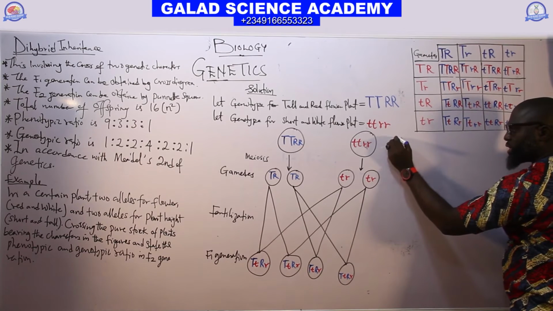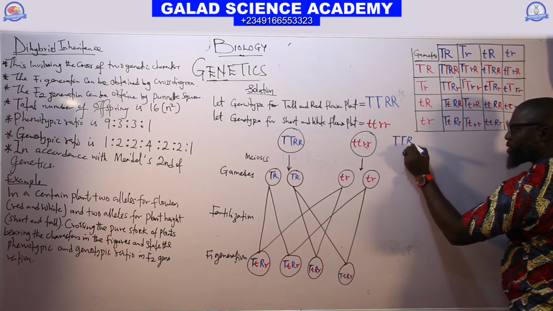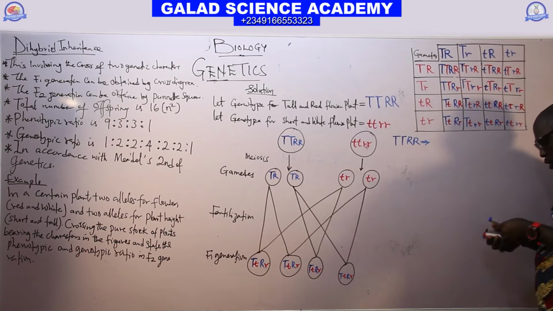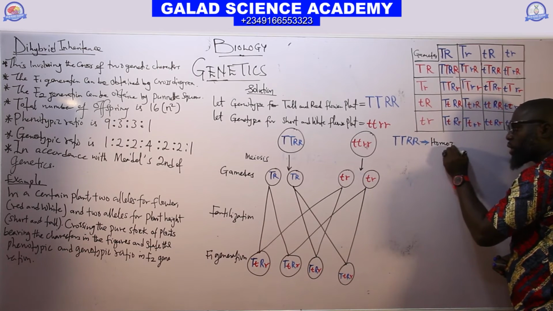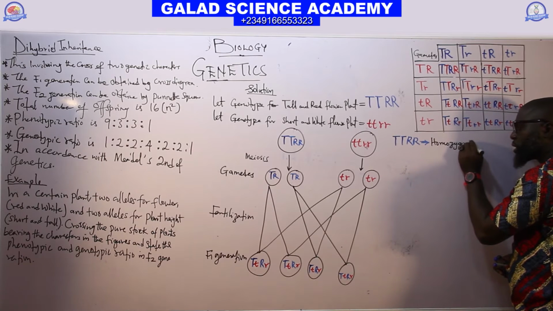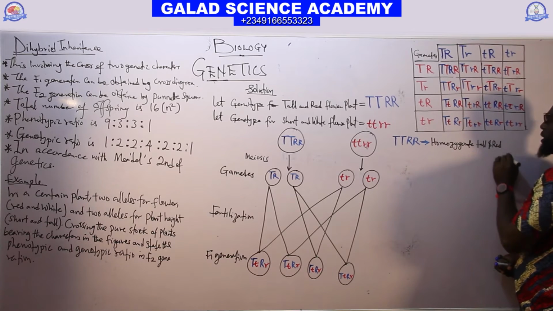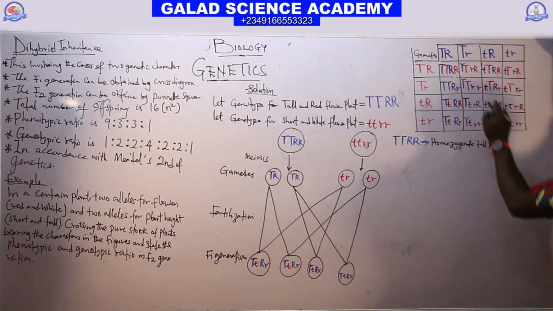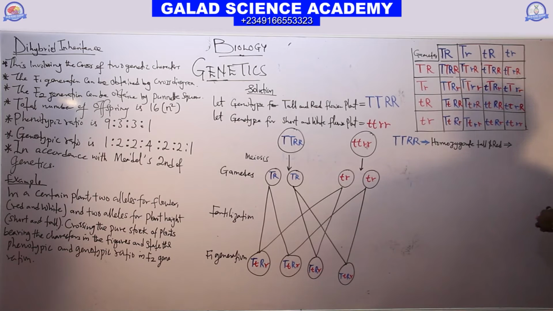The result T T R R are called homozygous tall and red. How many of them? We have just one.